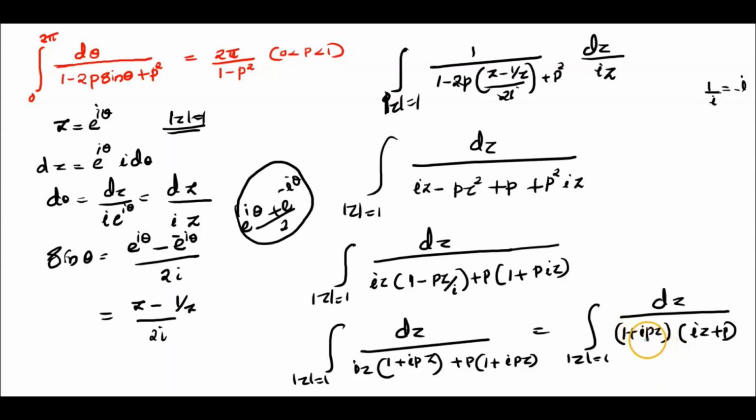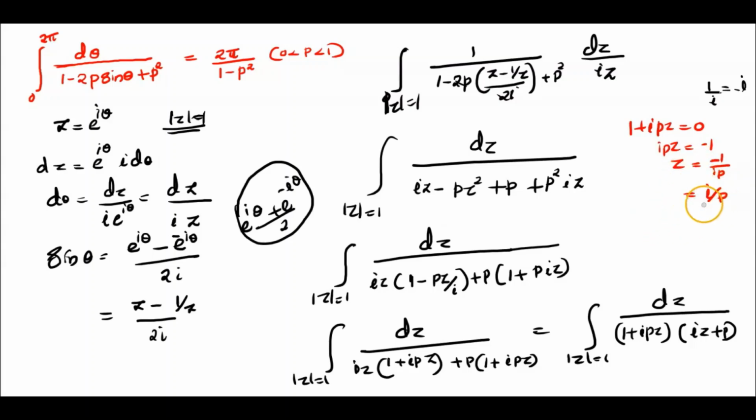So it is clear that the denominator is 0 when 1 plus i pz is equal to 0. That means i pz equal to minus 1, z is equal to minus 1 by i p, that is 1 by i is minus i, also here is minus, so minus minus plus, i by p.